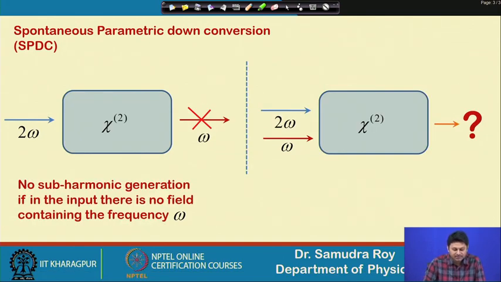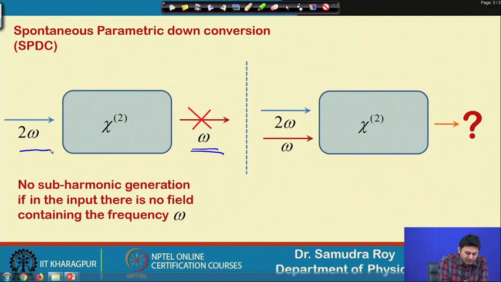The question was, if I launch 2 omega, last day we showed with the help of mathematical calculation that the omega, that means the subharmonic, is not going to be generated unless we launch some kind of initial wave.